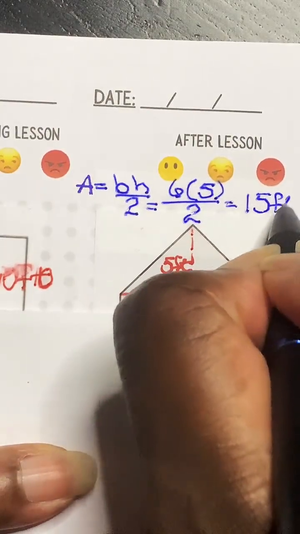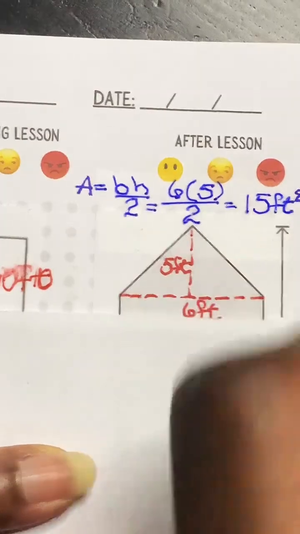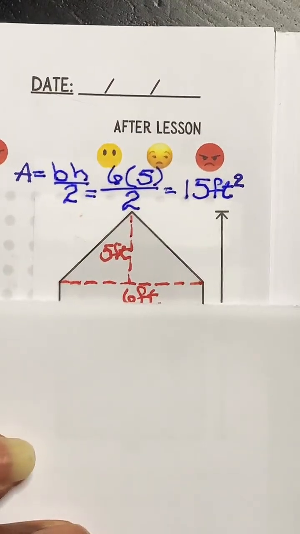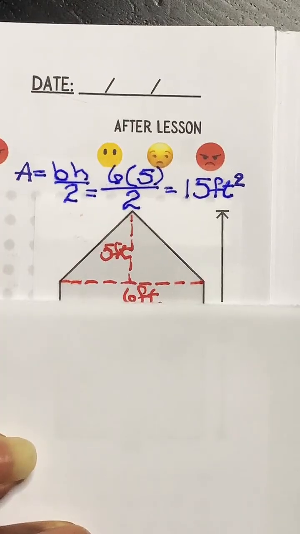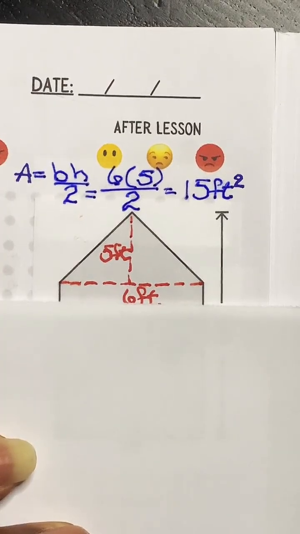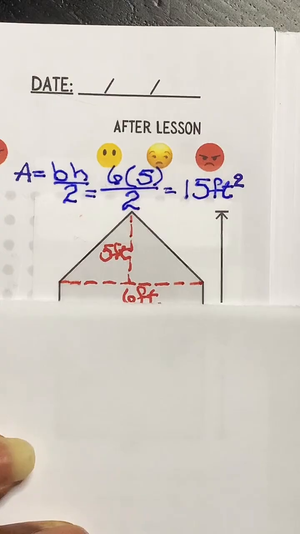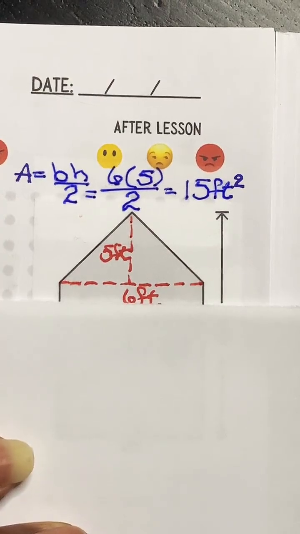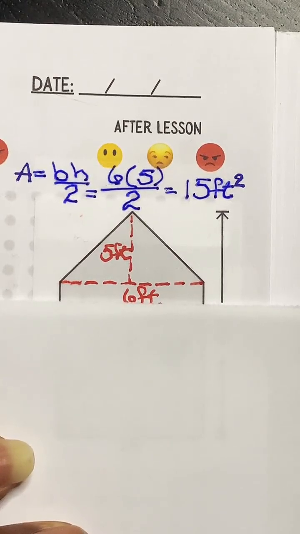And it will be 15 square feet. Either way, you're going to get 15. As long as you understand that the feet is being squared, that's fine.